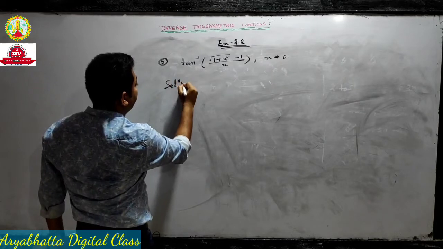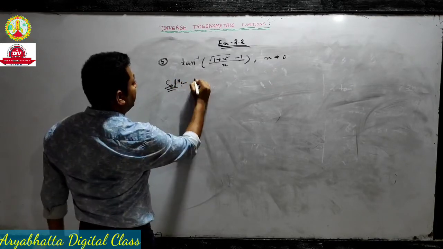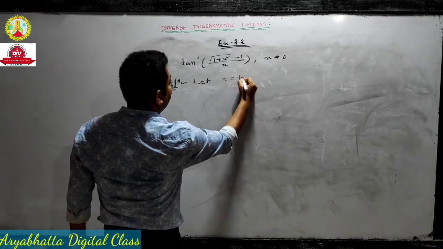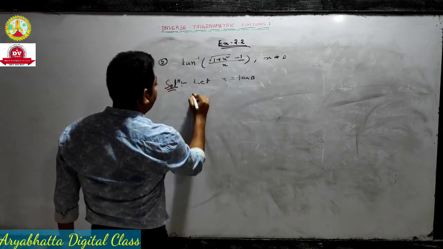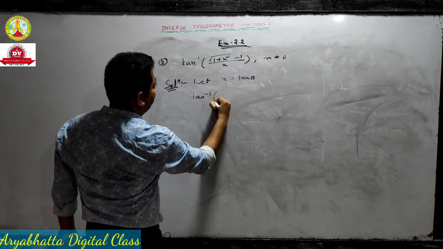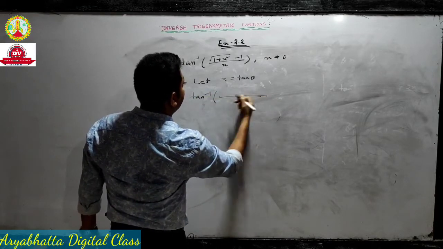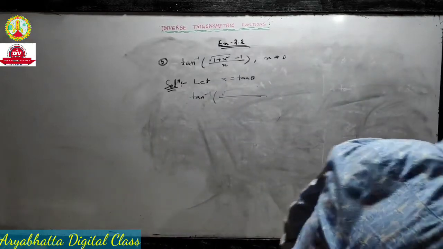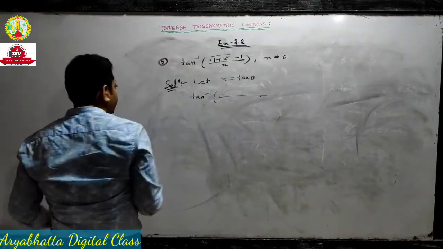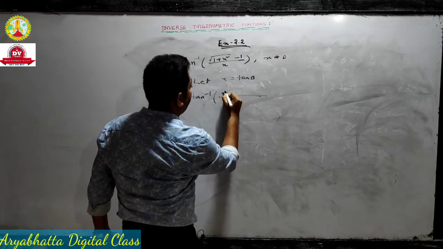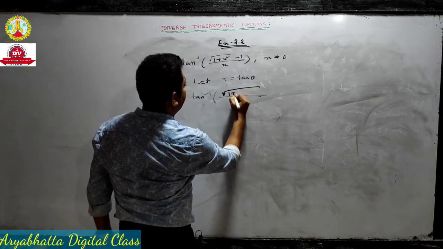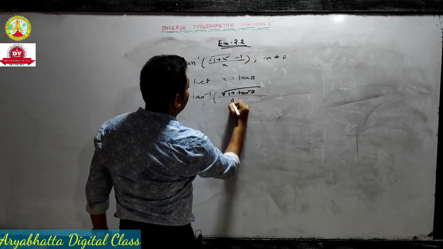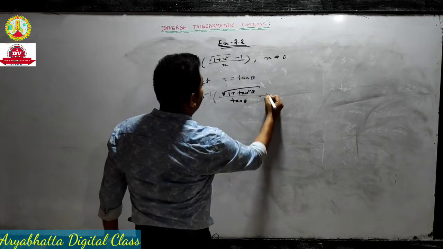Solution. Let x equal tan theta. Then we have tan inverse of the square root of 1 plus tan square theta, minus 1, divided by tan theta.